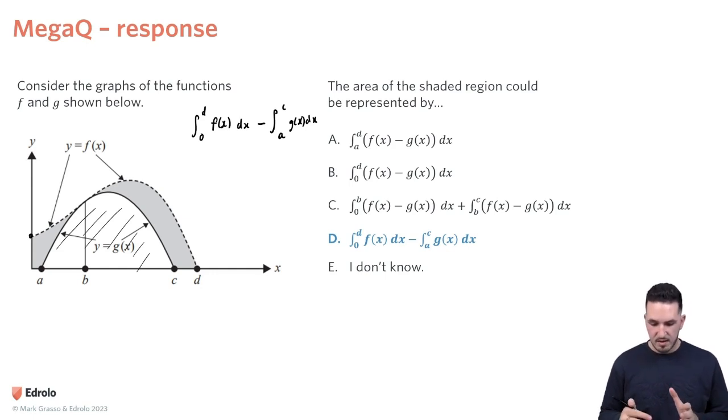So again, we want to find the total area of the shaded region, so therefore f of x goes from 0 to d, and you want to subtract g of x, which only goes from a to c. Really important that you don't necessarily have to have the same bounds all the time. It's just in this case, we're finding the area that is shaded and goes between the functions and the x-axis.